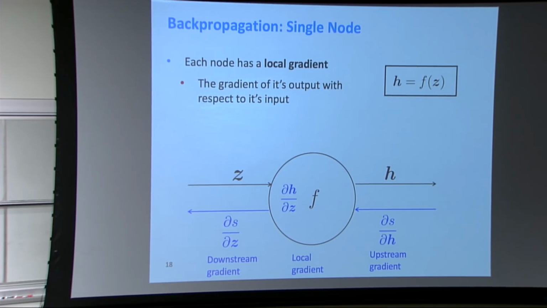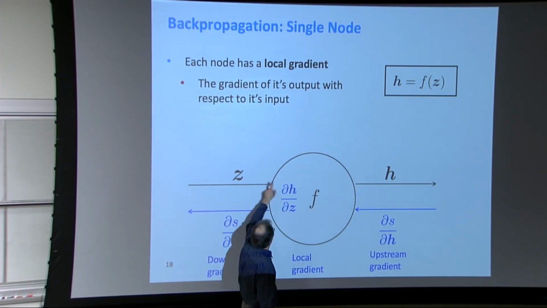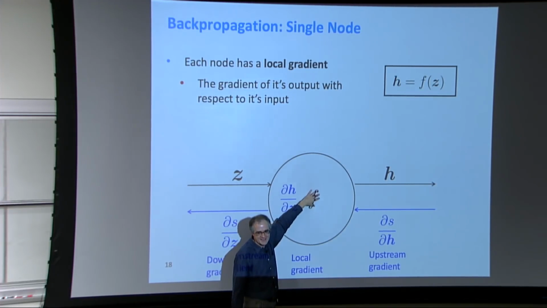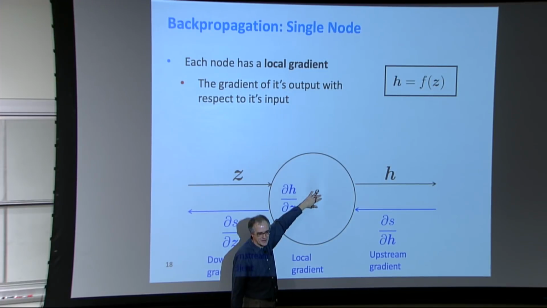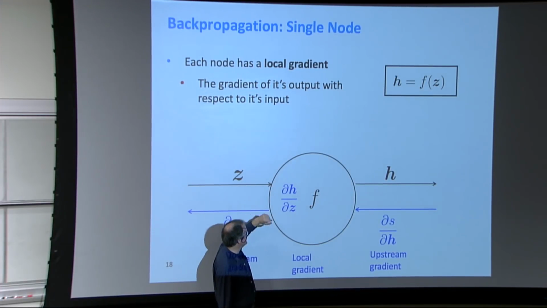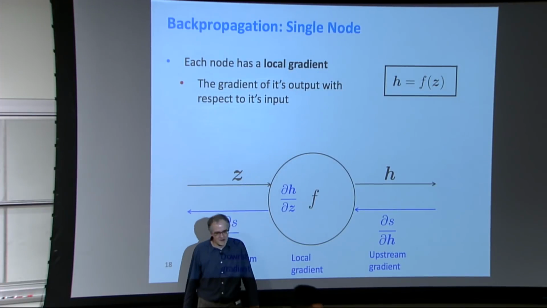So we have the concept of a local gradient. So here H is the output, z is the input. So this function here is our nonlinearity, right? So this is whatever we're using as our nonlinearity, like a logistic or a tanh. We're calculating h in terms of z, and we can work out the partial of h by z. So that's our local gradient.